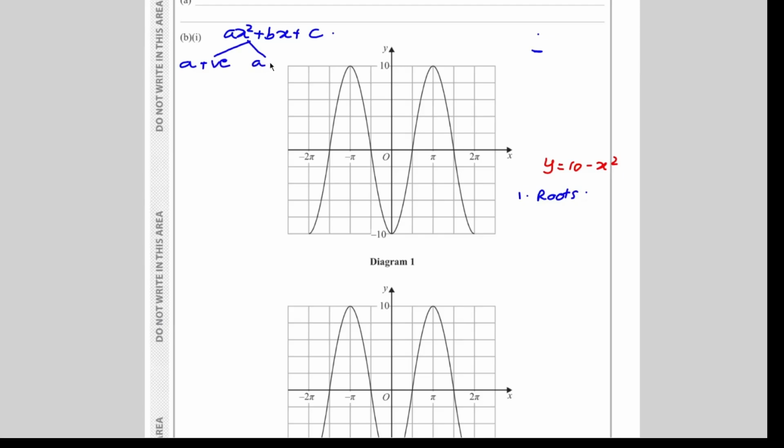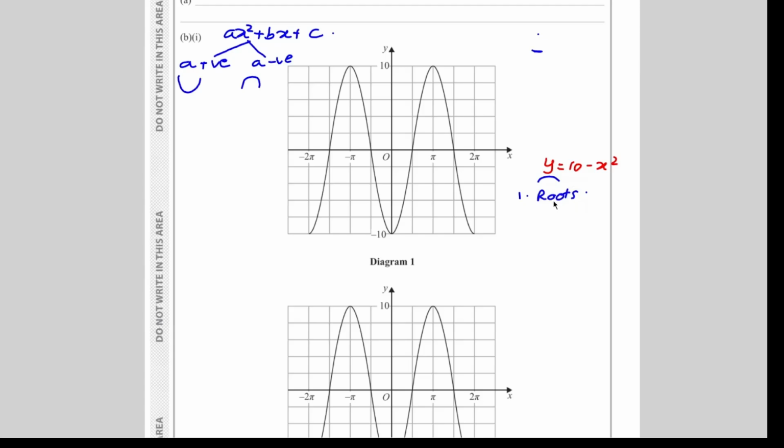If a is negative, a sad face. So this is sad because here x squared is negative.